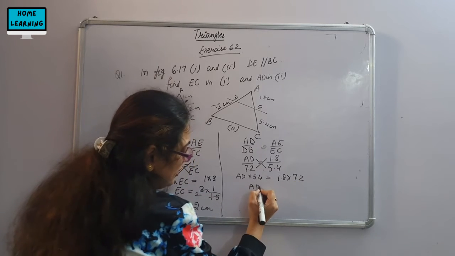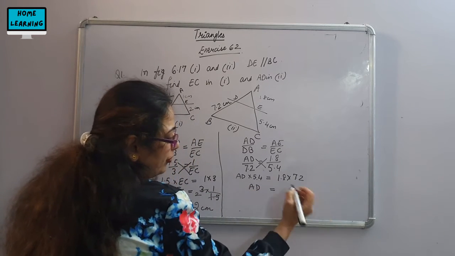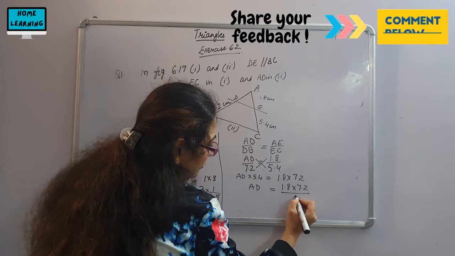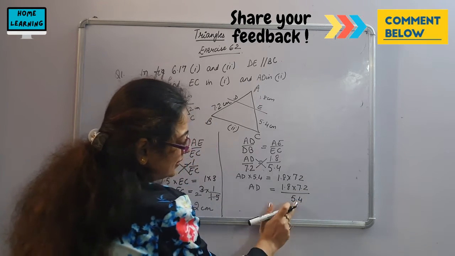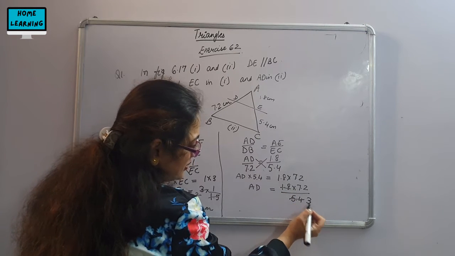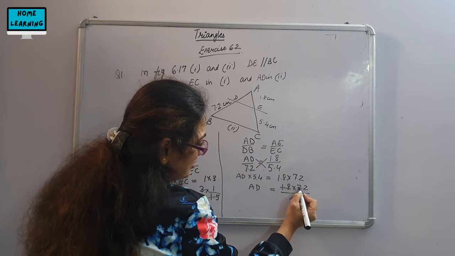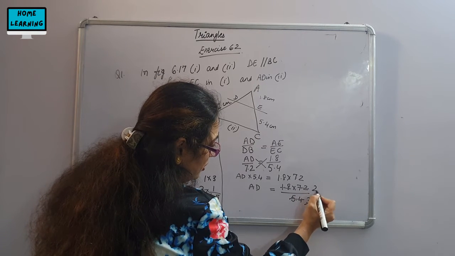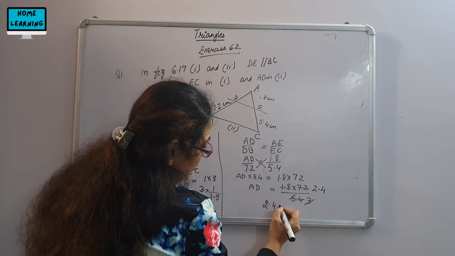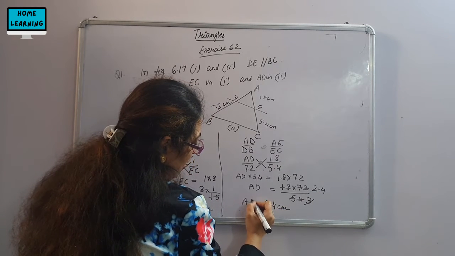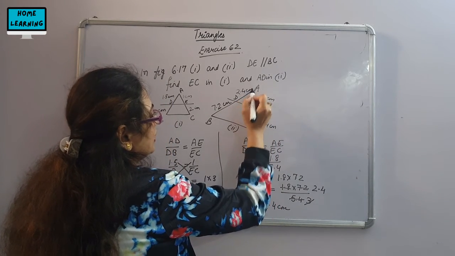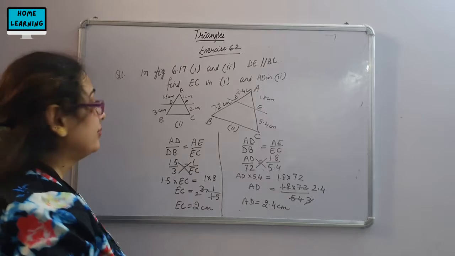Now AD will remain on the left side and 5.4 will go to the other side. Since these have only one decimal, this is 3 times and this is 2.4 centimeter. It is so simple with that theorem.